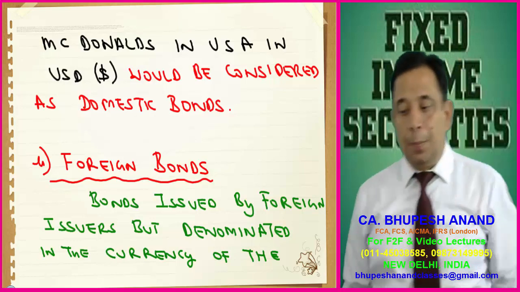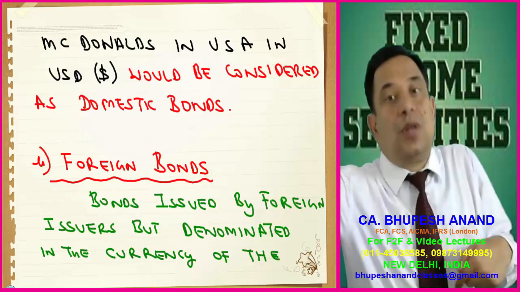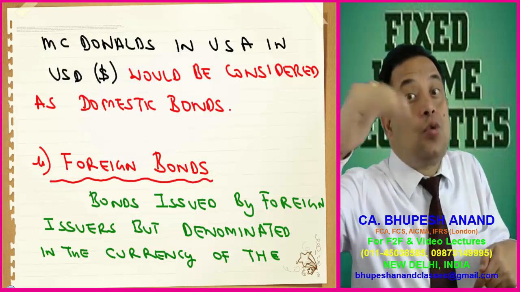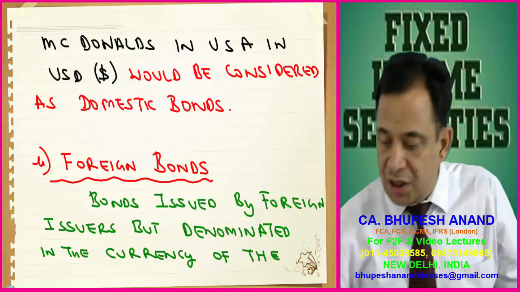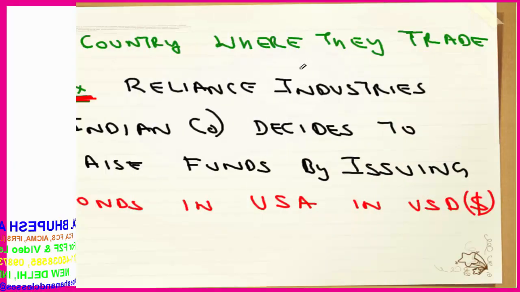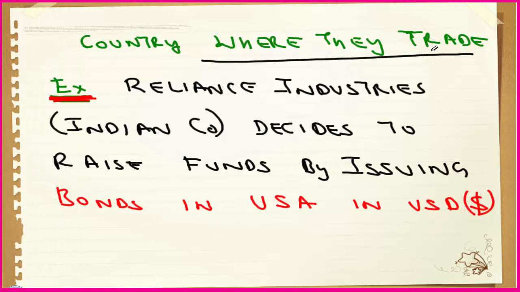So just write down: bonds issued by foreign issuers. Reliance Industry is a foreign issuer from the USA point of view, but denominated in the currency of the country where they are traded. Now these bonds can only be traded in USA. So they are denominated in USD. They are issued in USD.